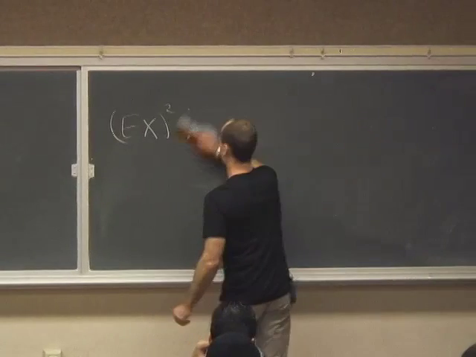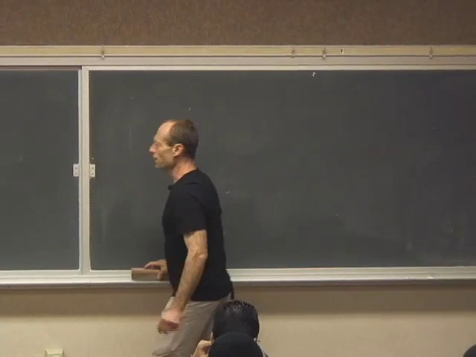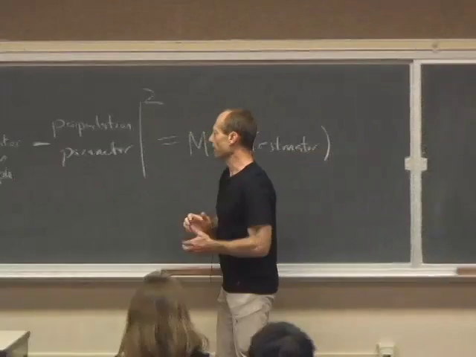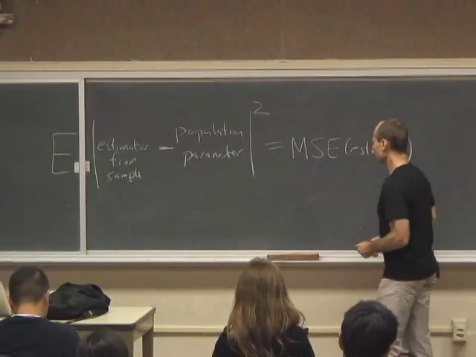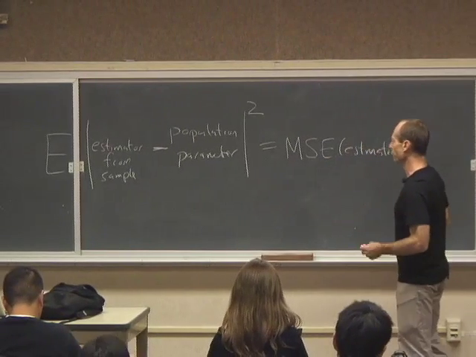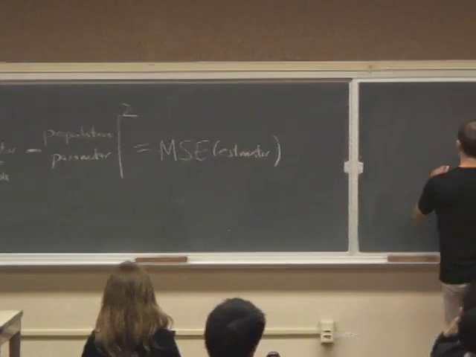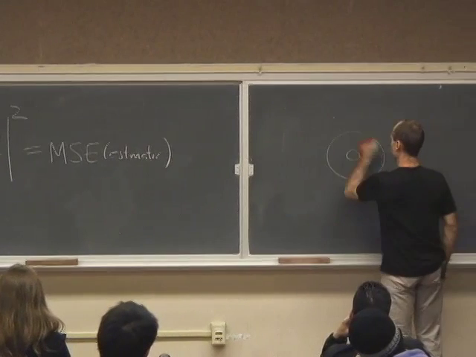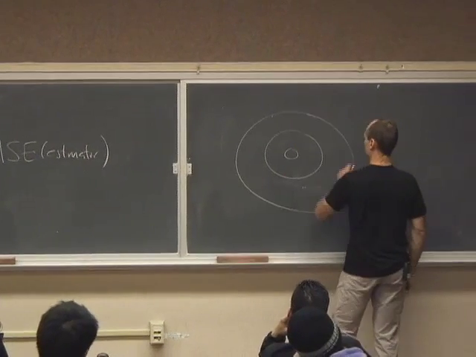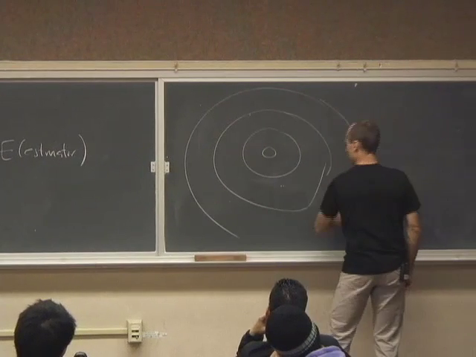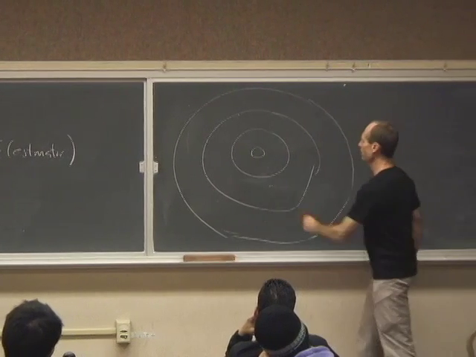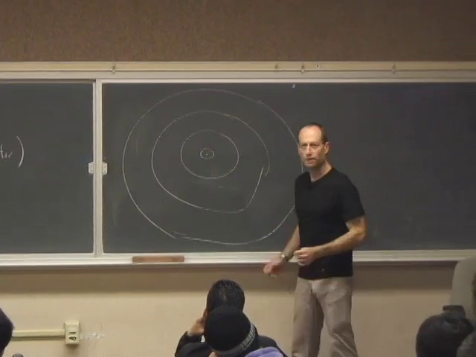This is in general. Okay. So there are other ways of thinking about this. And here's one of them. Imagine that you have a target, and you're shooting at the bullseye. Okay.